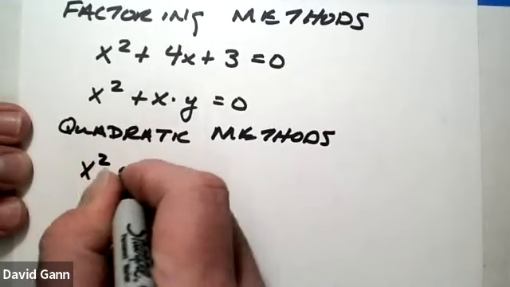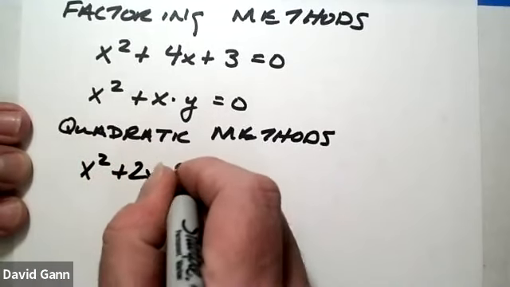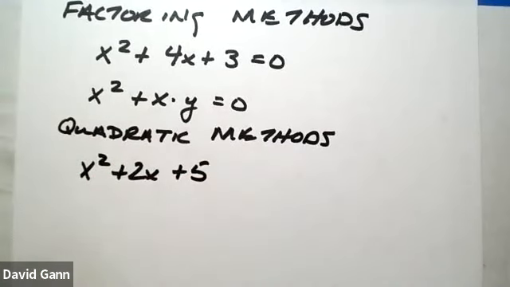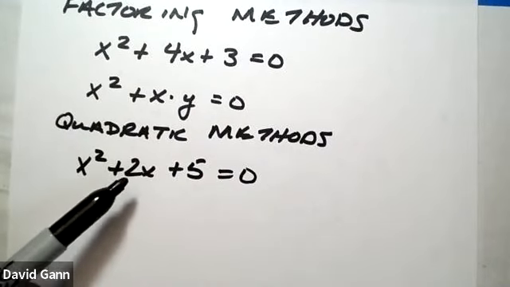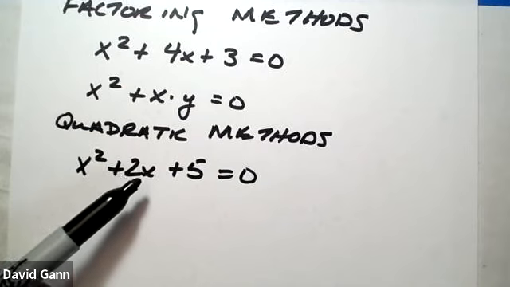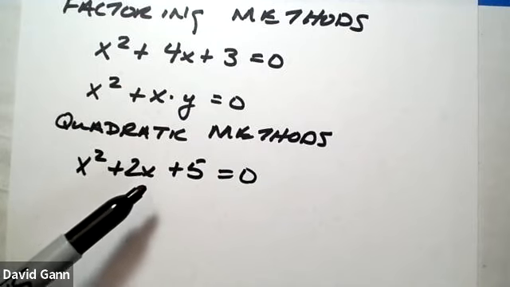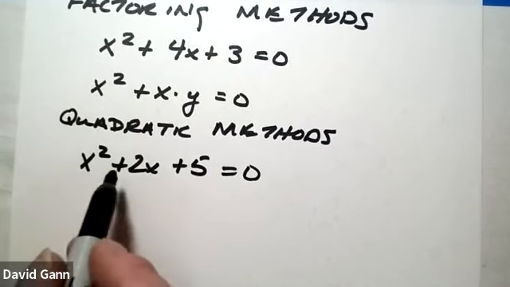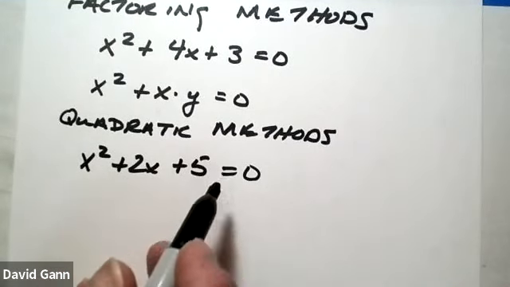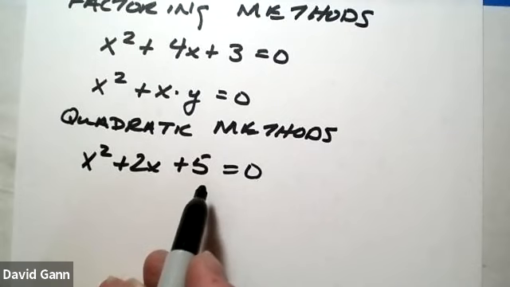Something like x squared plus 2x plus 5. I don't think that could be factored. Let me think a second. Yeah, this might have imaginary roots. Maybe not a great example, but it's easy enough to find the solutions to this equation.